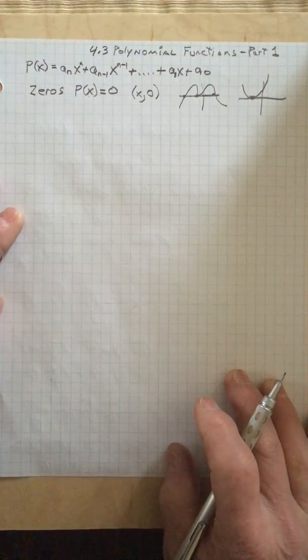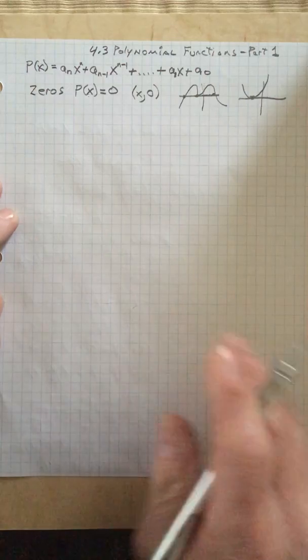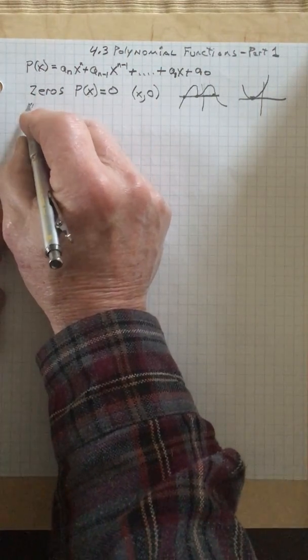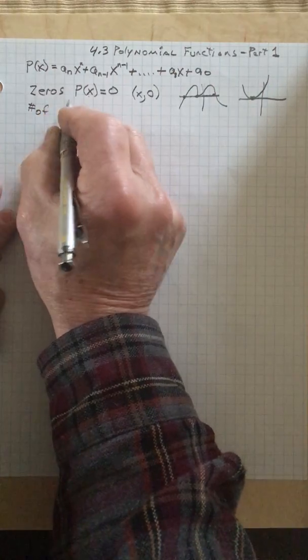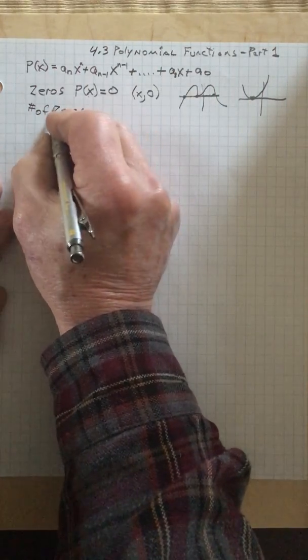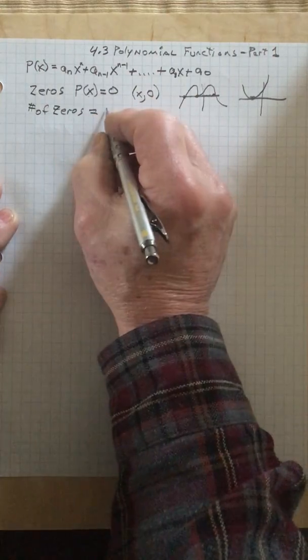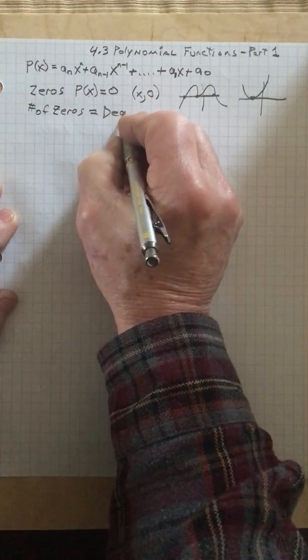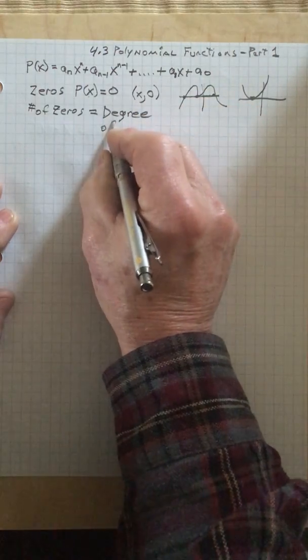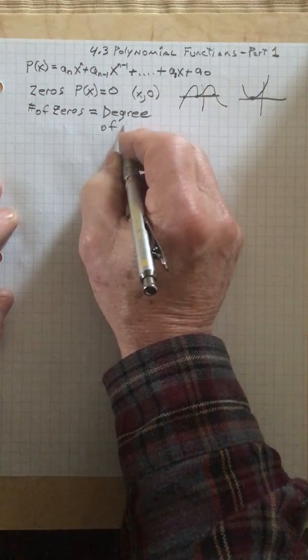Okay, another thing, we talked about this before, the number of zeros, or factors even for that matter, equals the degree of the polynomial. And let's just say degree of highest term.